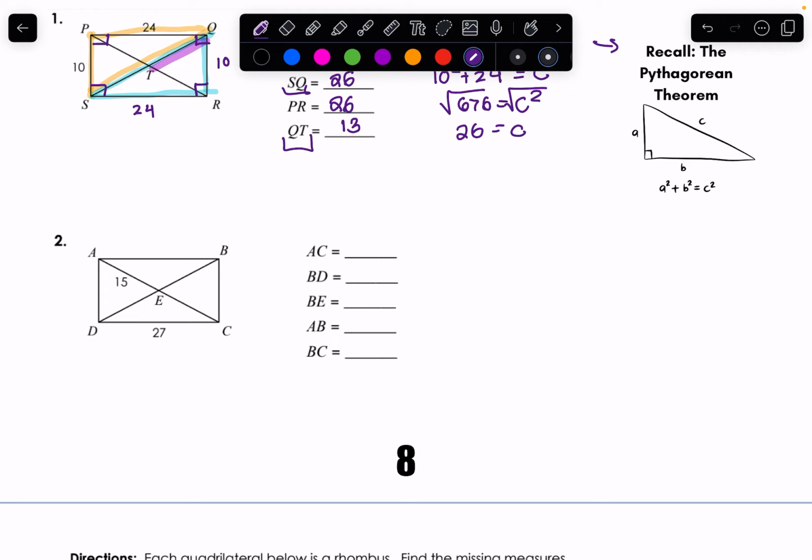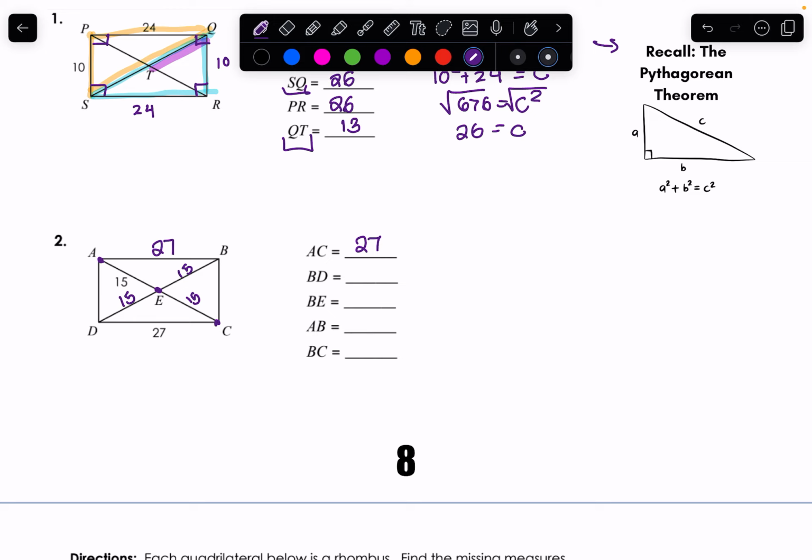Now I'm going to do the same thing for the next one. In this case, they gave us that AB is going to be 27 because CD is 27. Since AE is 15, you know that EC is also 15 because the diagonals bisect each other. Then you also know that these have to be the same as well because the diagonals are also congruent.